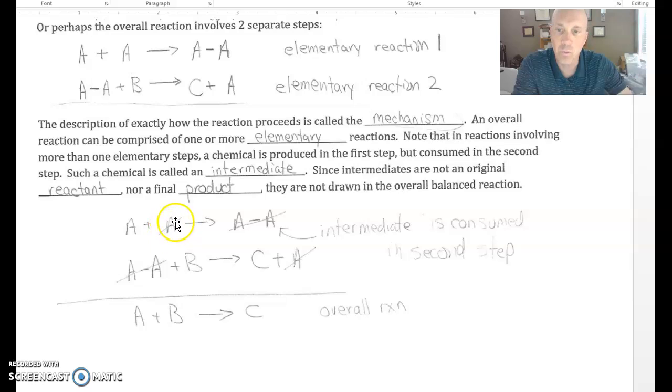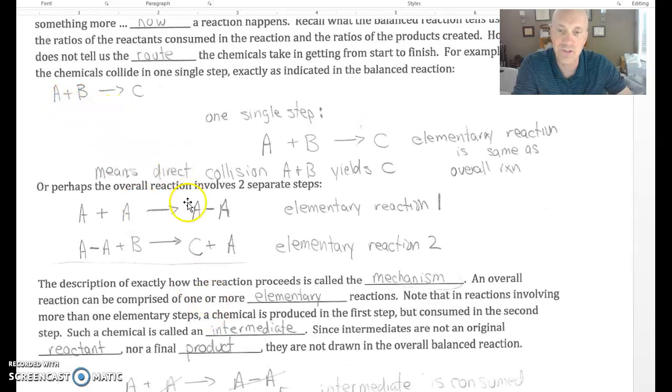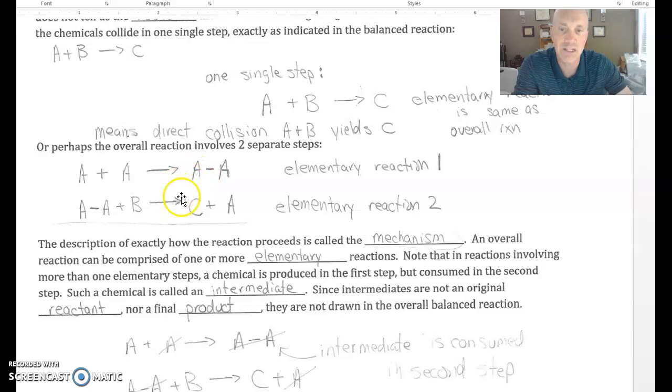Also, we consume an A in the first step, but we also generate an A in the second step, so we can cancel out one of those. So if we add up the reactants of both of these and the products of both of these, we end up getting the same overall reaction as we did in the first step. So this would be another possible mechanism to give us this overall balanced reaction.